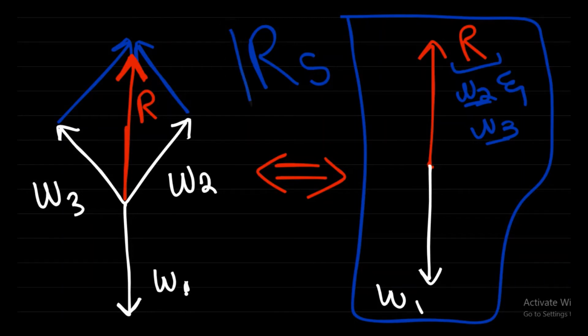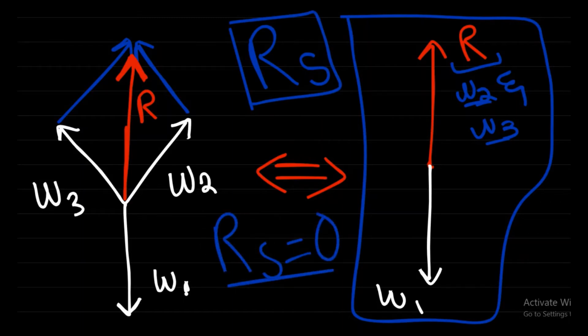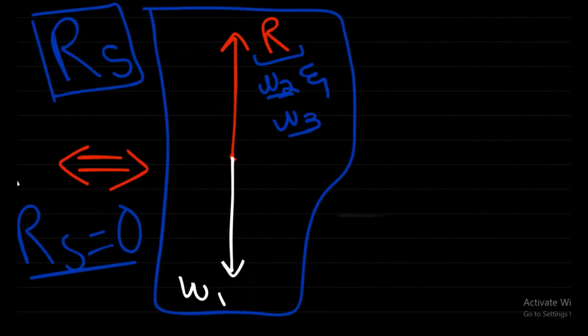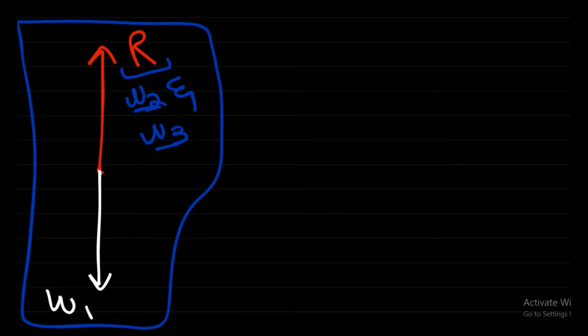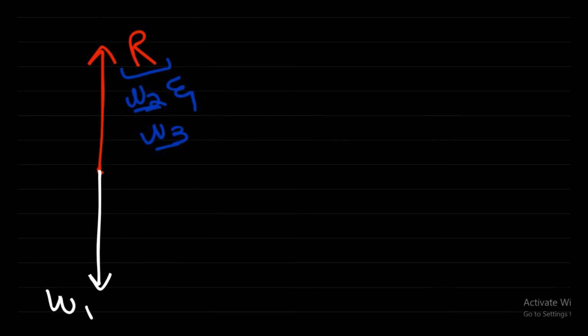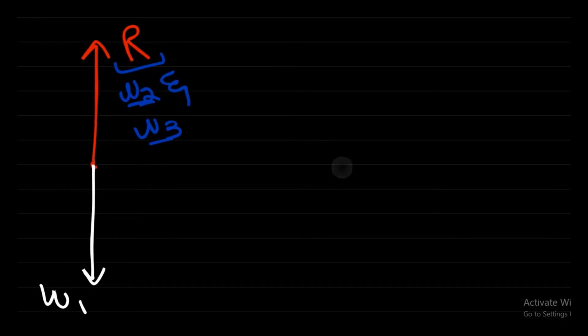So this will give you the resultant of the whole system, and the resultant of the whole system has to be equal to 0 because our system was in equilibrium. The next step is to find the RS of these two forces.